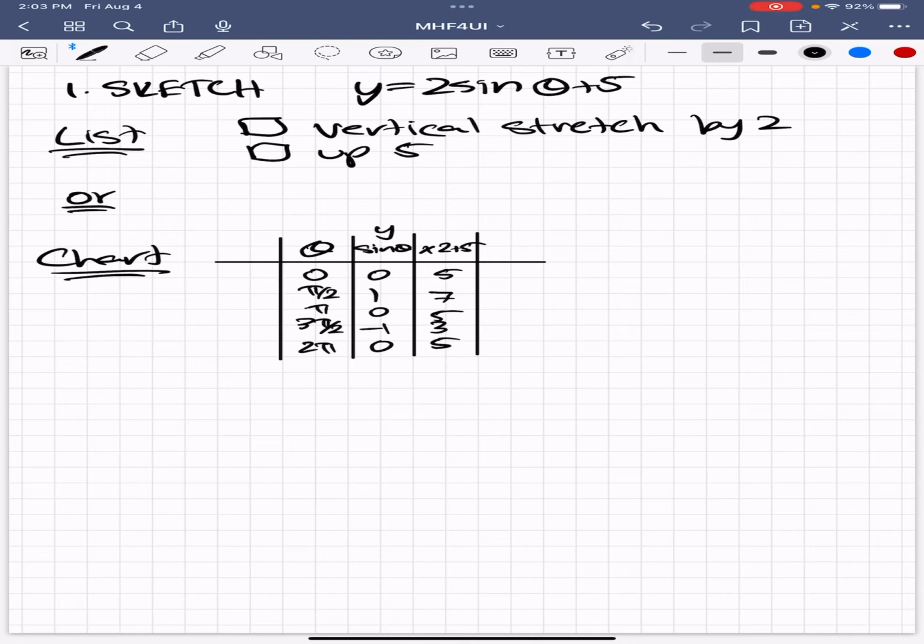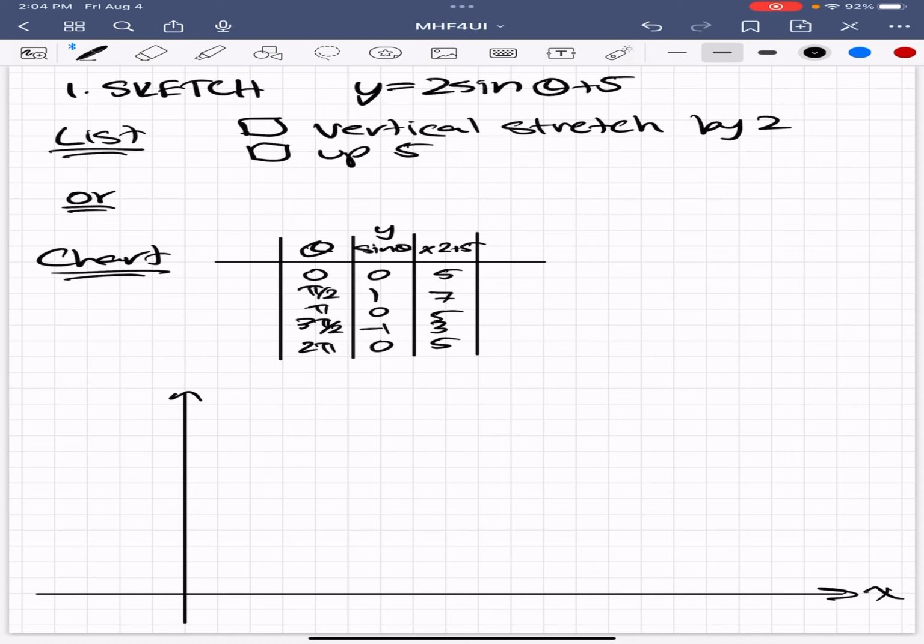Okay, so let's begin. We're going to start with a graph. I should have made this before. I'm so sorry. Don't forget to label your y and x axes, and to have a properly labeled scale.